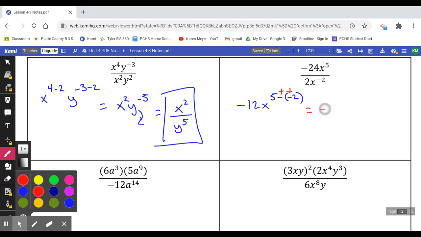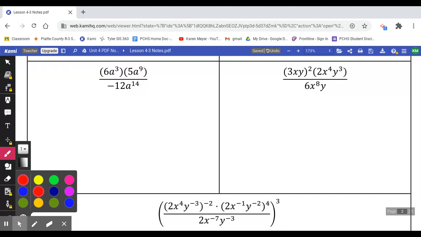So you got negative 12x to the positive 7th. There are no negative exponents, so you're done. Don't let the fact that that's a negative coefficient confuse you, because you do not move a negative coefficient. You only move if it's a negative exponent. So you got to make sure you keep that in mind.